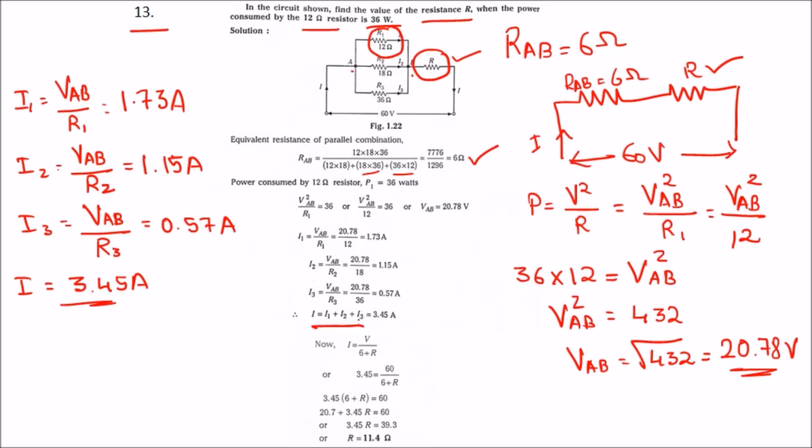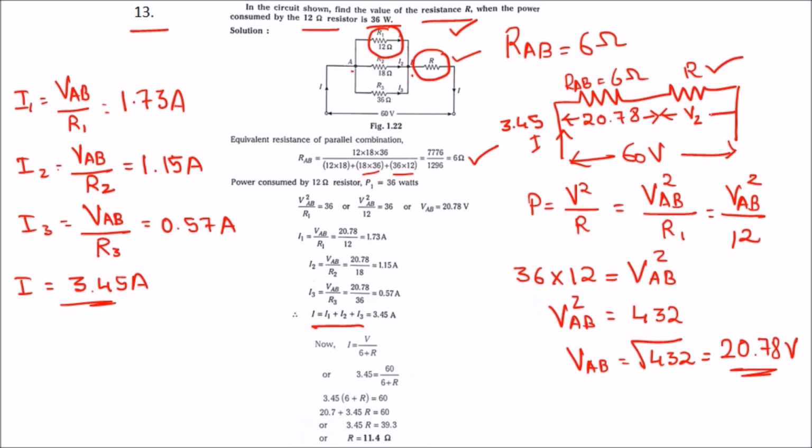Now, in the question they have said that we have to find the resistance R. We got I equal to 3.45 amps.